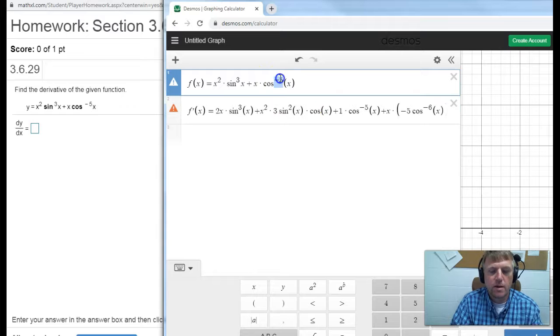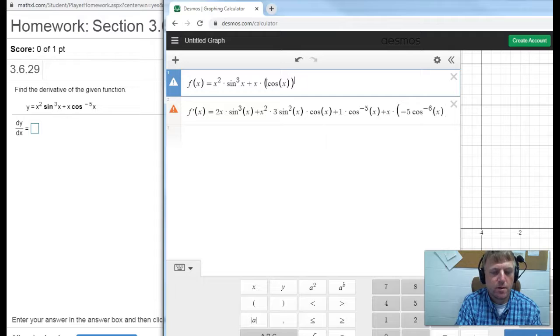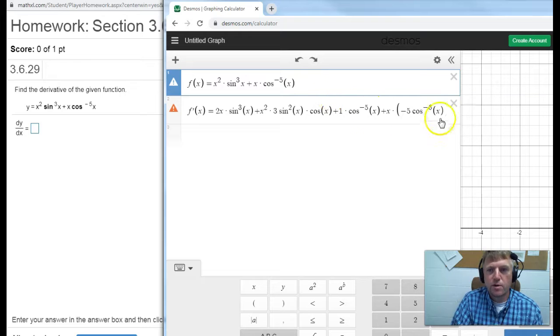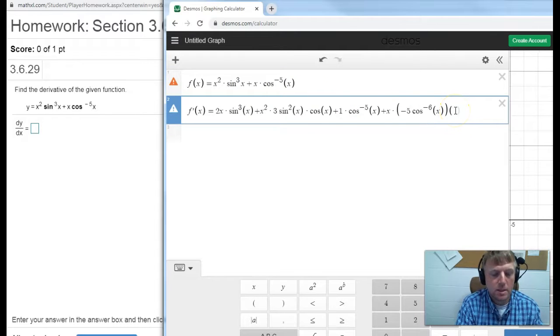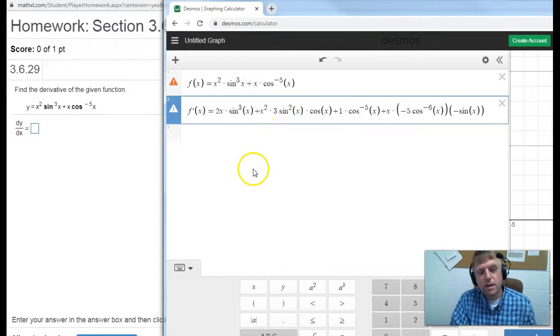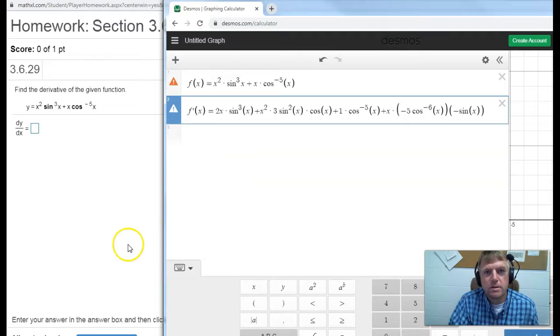So again, if I think of this as cosine x to the negative fifth power, cosine is on the inside. So I'll chain on the derivative of cosine, and the derivative of cosine is negative sine. So there's my derivative. Now it just becomes algebra to clean it up. A lot of calculus is algebra to clean up your derivatives.